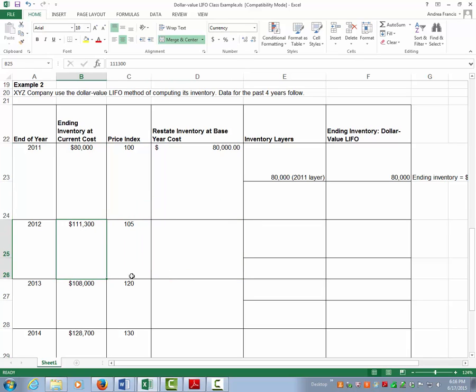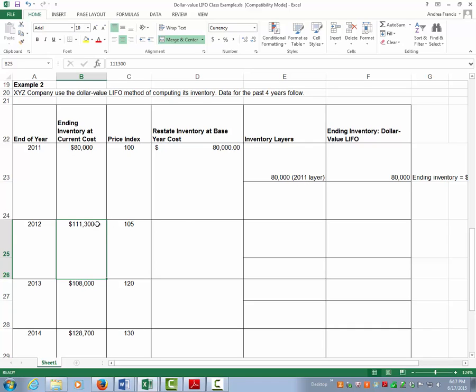So in 2012, we notice when we count our inventory at the end of the year that we have $111,300 worth of inventory, and prices have increased by 5% over the course of the year. Now we might just say, oh well, that must mean that ending inventory is 111,300, but the problem is that most likely in this number is included the 80,000 of ending inventory from 2011.